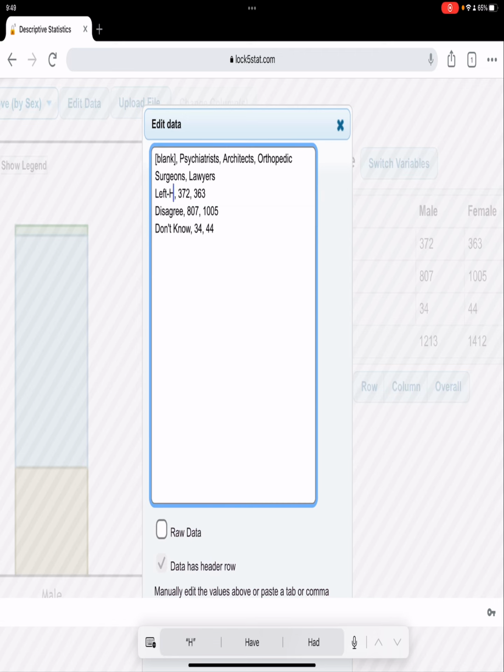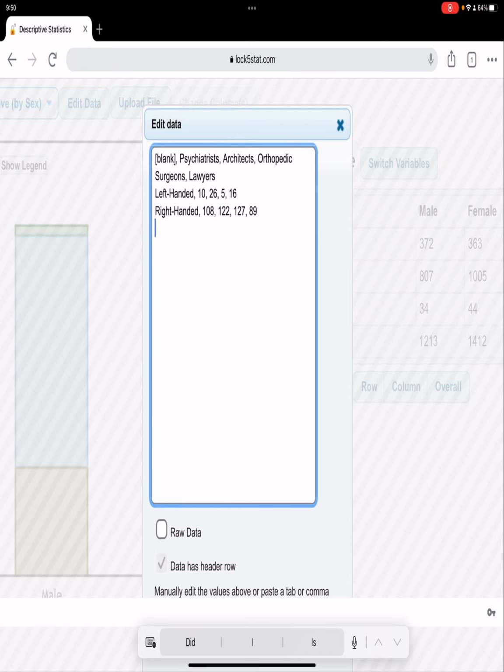So categories, left-handed. And then I'm putting all of the values that are in that row, but don't put the totals. So 10, 26, 5, 16. And then I'm going to put right-handed here. And I'm going to put all of those values. So 108, 122, 127, 89. And then I'm just going to delete that third row because I don't have a third row.